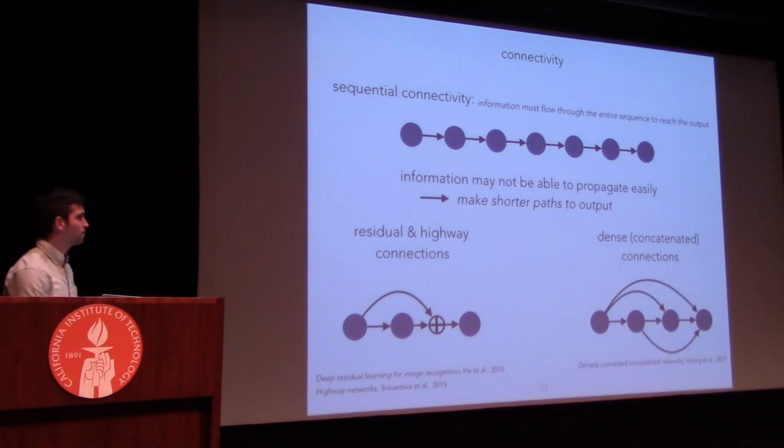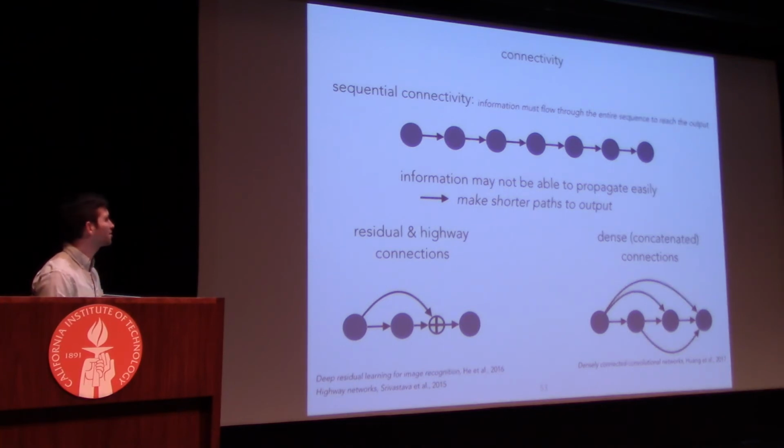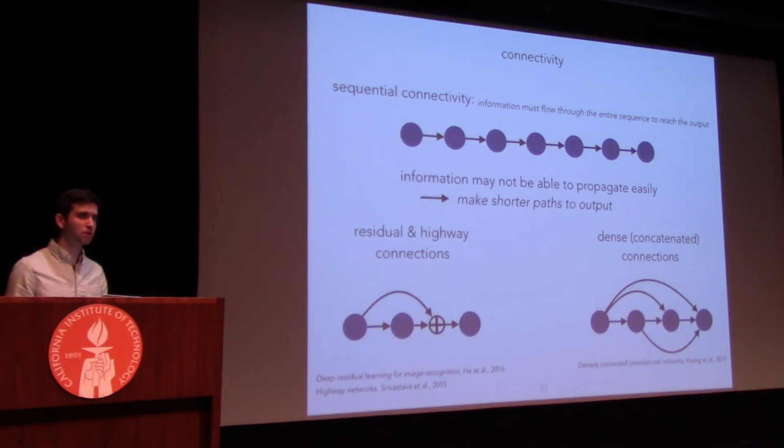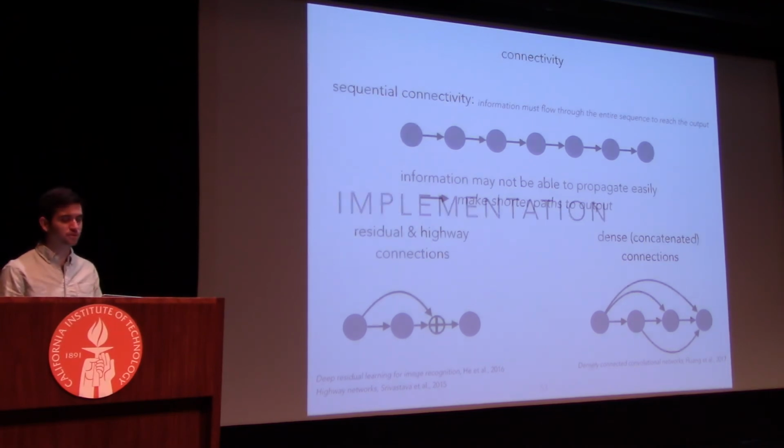Another method of doing this would be dense connections, which I sometimes refer to as concatenated connections, where you actually have a direct connection between each node and each node after it. So now I can just directly send my input to my output. And there has been a lot of recent work showing that these models are actually much better than these previous sequentially connected models.